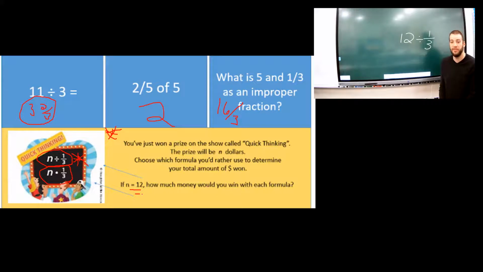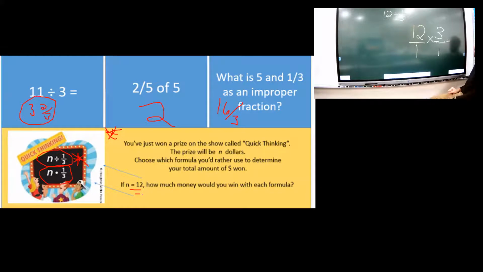We keep, change, flip. So I'm going to rewrite this with the keep, change, flip. You keep 12 the same. You change the sign, and you flip 1/3, and it turns into 3/1. Okay? And then 12 is 12/1. I didn't flip it. That's just what it is.